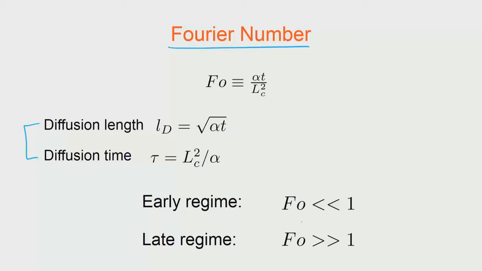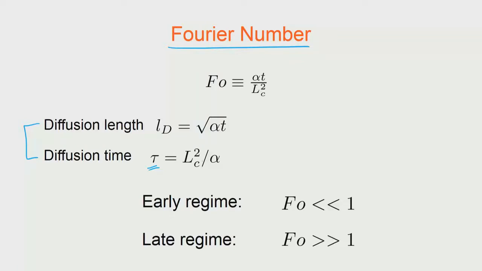So, there is something called diffusion length, which means that for the amount of time t, how far the thermal diffusion would take place, and if thermal diffusivity is alpha, then root of alpha t would give you basically the length over which the thermal effects are taking place. That is the diffusion length. You could also think of diffusion time tau, which is Lc square by alpha, which means if the domain is Lc, then how long it takes for the thermal diffusion to affect the entire domain.